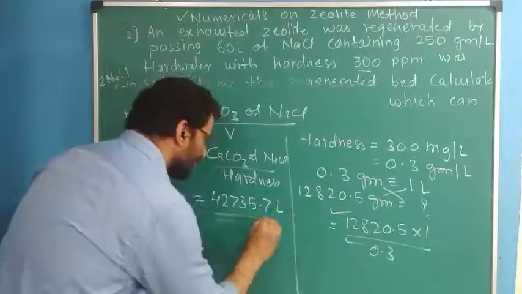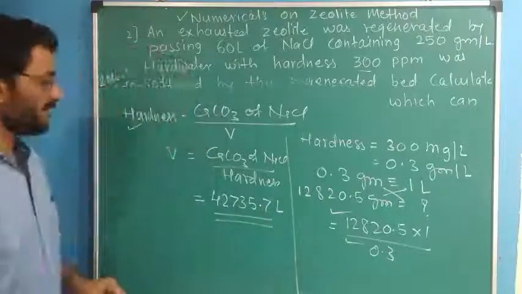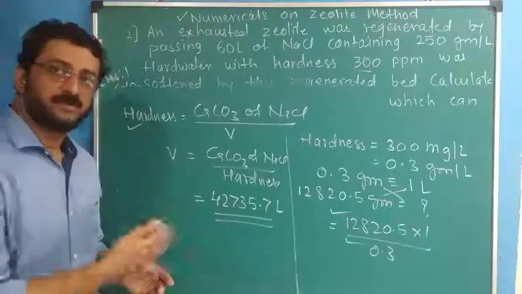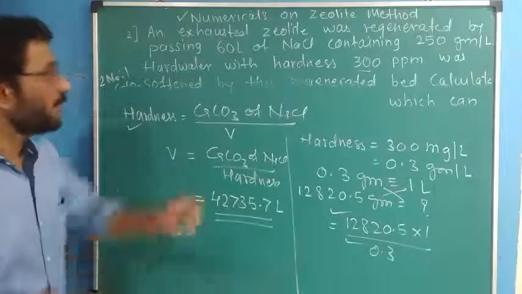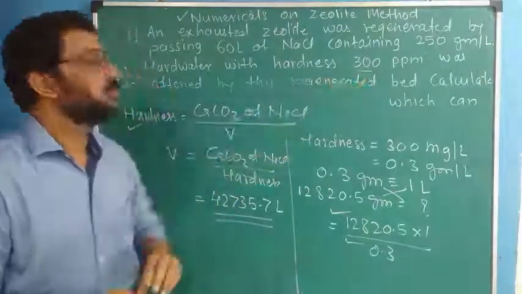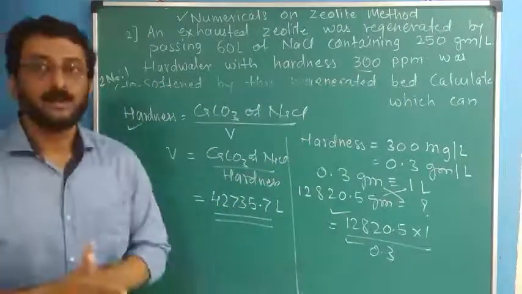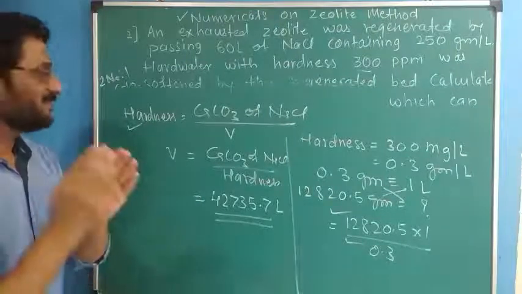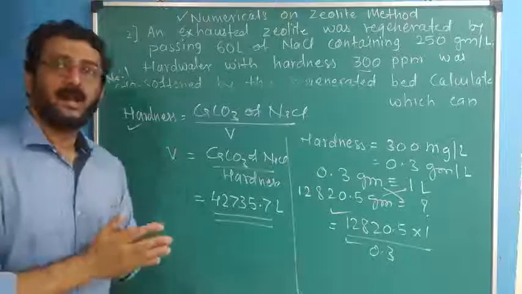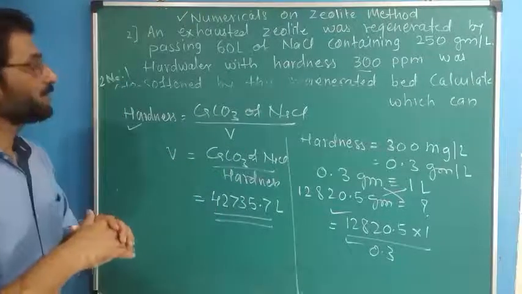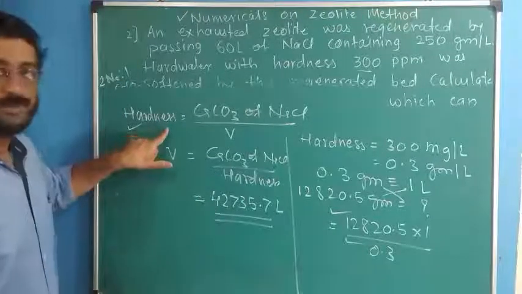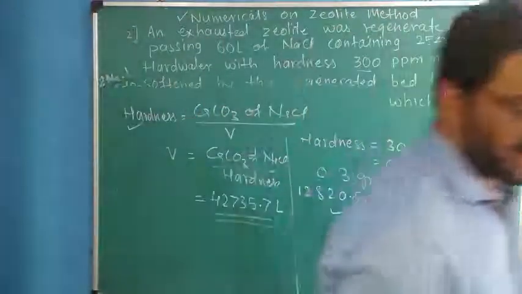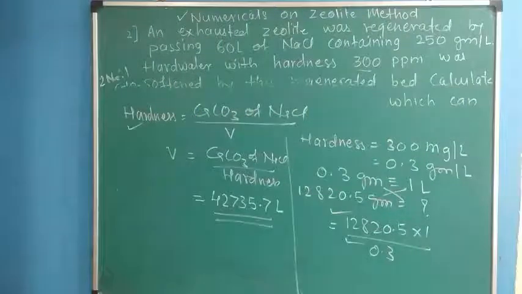These many liters of water can be softened by this softener whose hardness is 300 ppm. So this kind of numericals are expected. Simply find the NaCl required and then make a relation, or just use the formula and get the answer. I hope you are getting these cases.